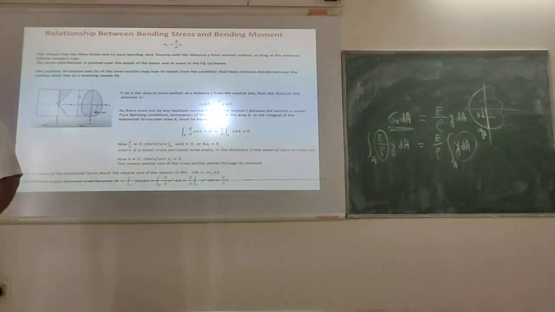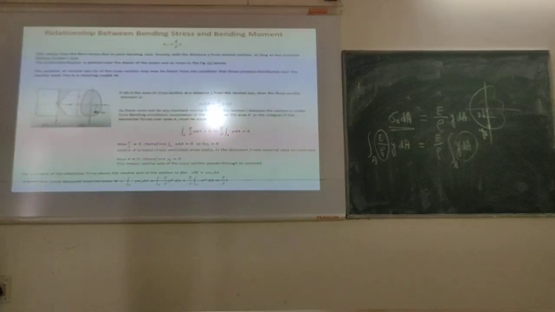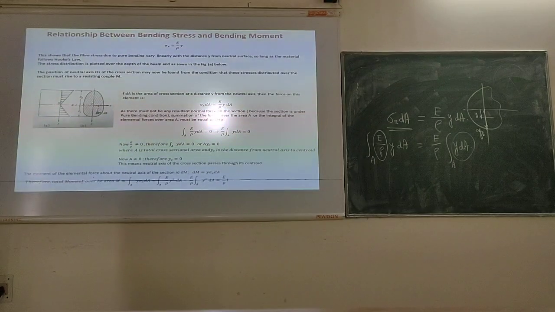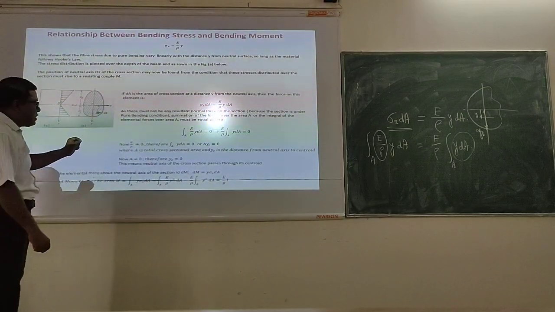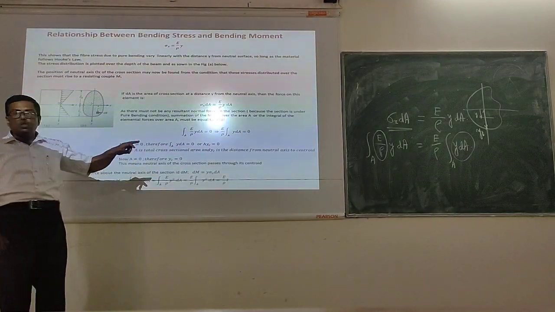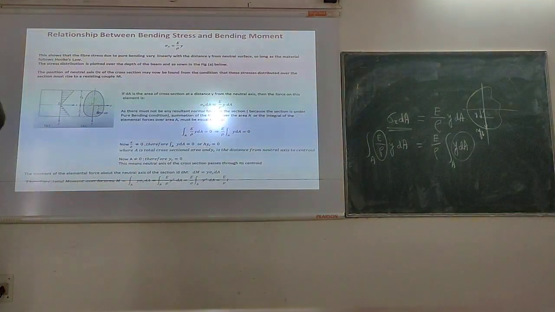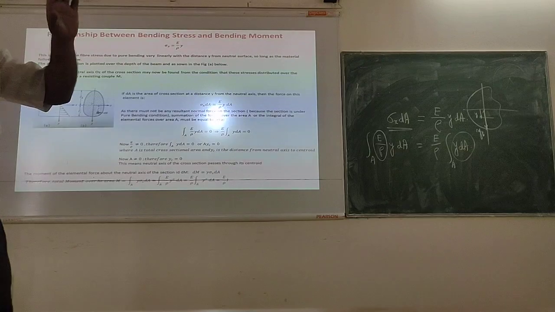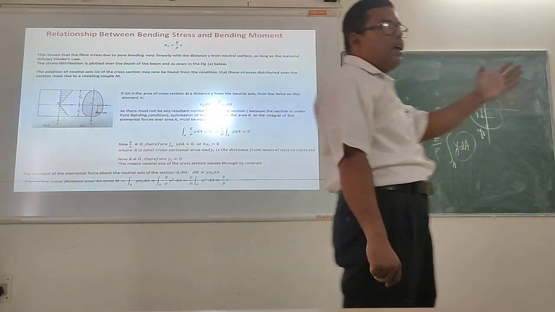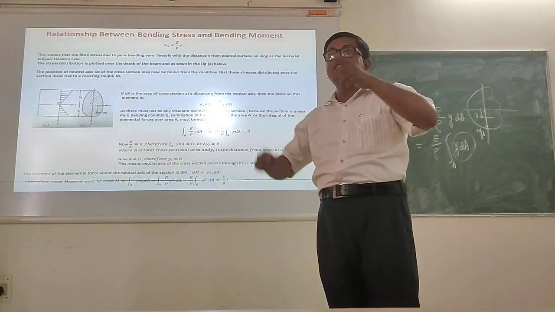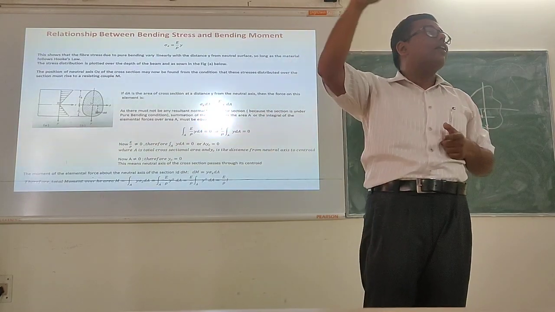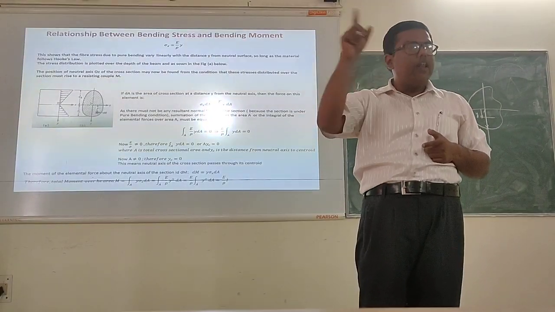What does it mean? Yc should be equal to 0 means the centroidal location is passing through the neutral axis, or vice versa we should say, ideally, the neutral axis is passing through the centroidal axis.